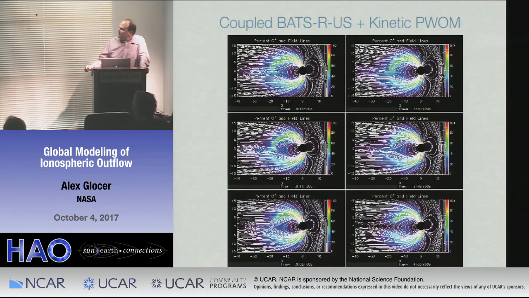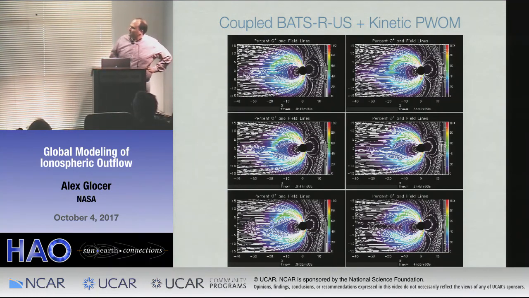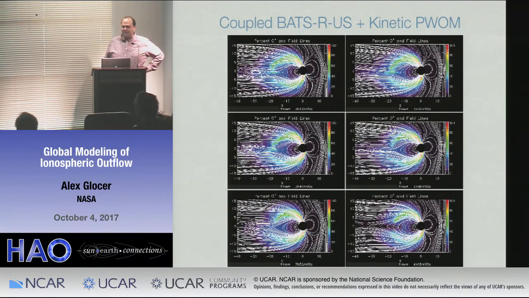So this is what it looks like. I've run the model for 4 hours and change, and you end up getting this outflow. This is the percent of O+ that the color bar is showing, and then the magnetic field lines on top of that.